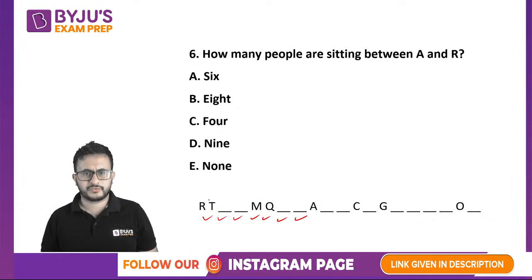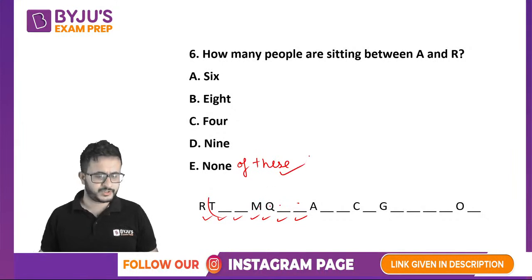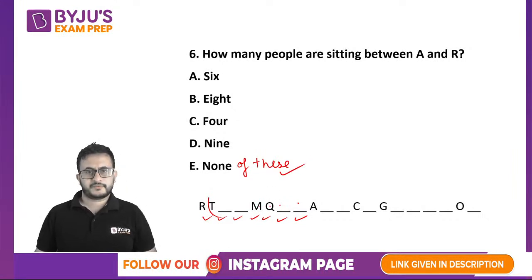A and R. No? 1, 2, 3, 4, 5, 6, 7. So it should be none of these. The answer should be none of these. And there are 7 people between A and R. Okay.